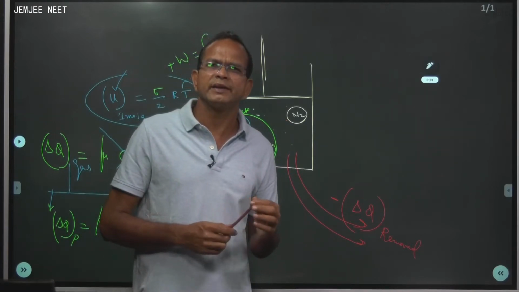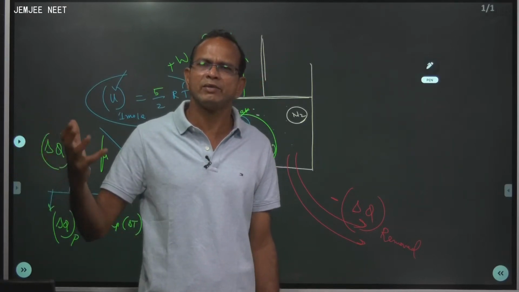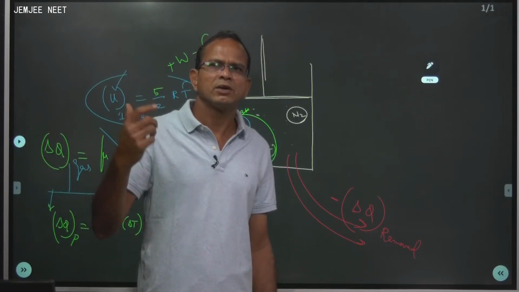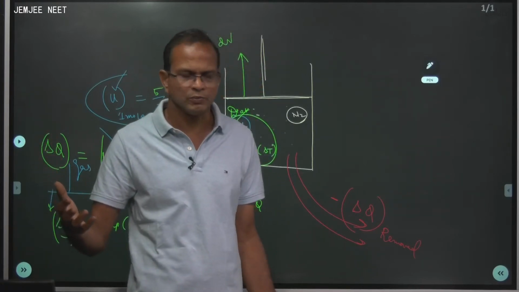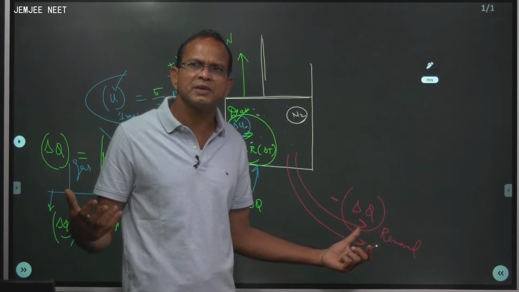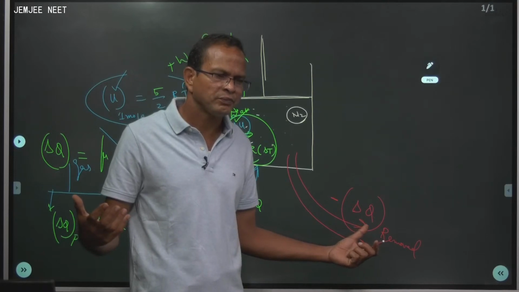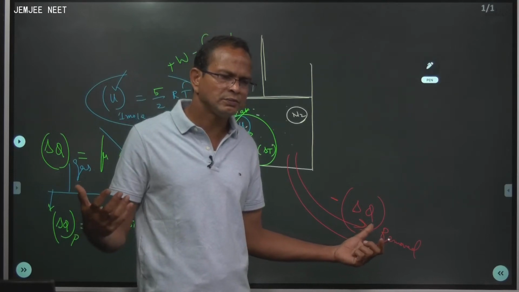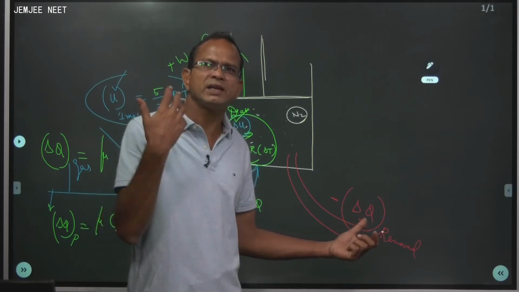For example, your car engine is running. Does your car engine ever release heat to the surrounding? Have you seen minus delta Q in your day-to-day life? Yes or no? Please put yes or no. Have you ever seen your car engine delivering heat to the surrounding?